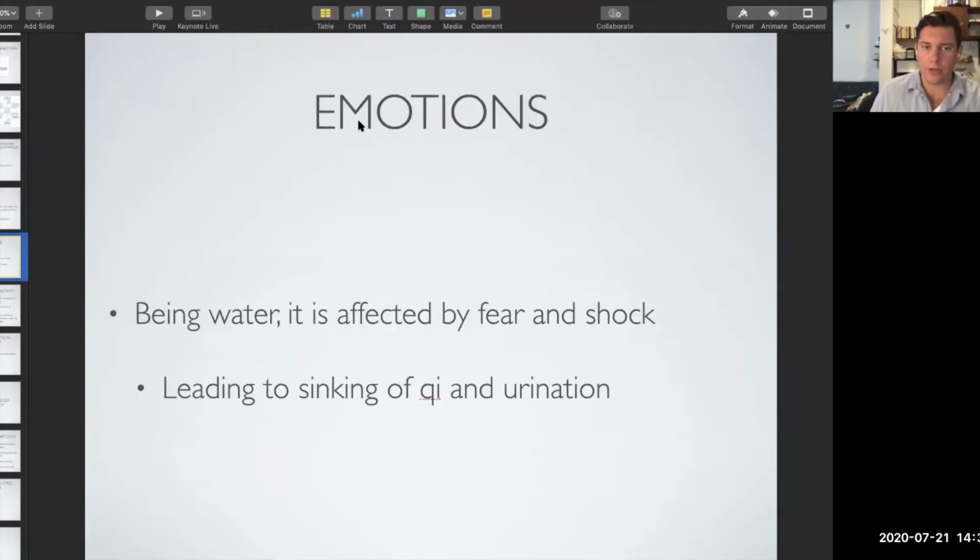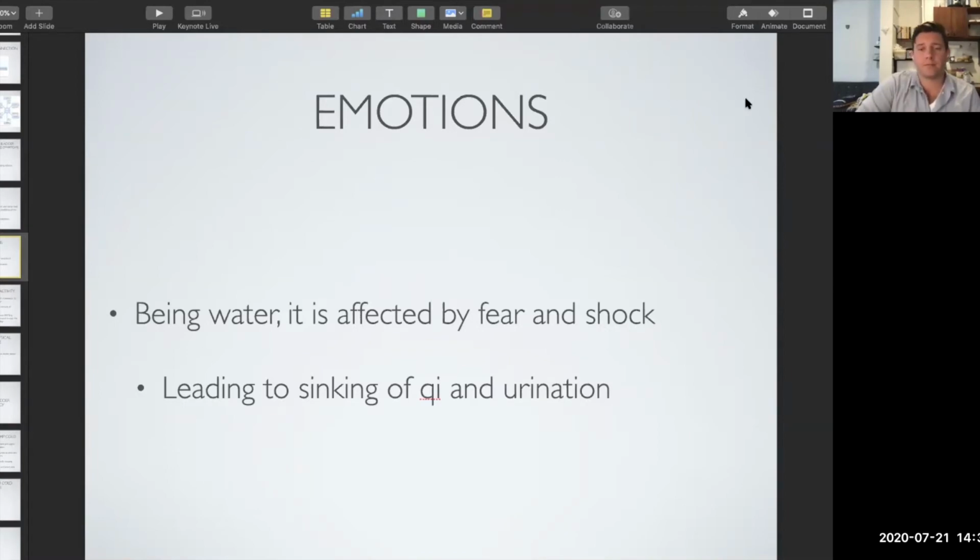All right, emotions. So the urinary bladder is affected by fear and shock, which can lead to a sinking of qi and urination. We see this primarily when we're looking at children who are frightened. We talked about this back when we were talking about the kidneys, that sudden shocks or lots of fear can cause children mostly to urinate because it causes the qi to descend.